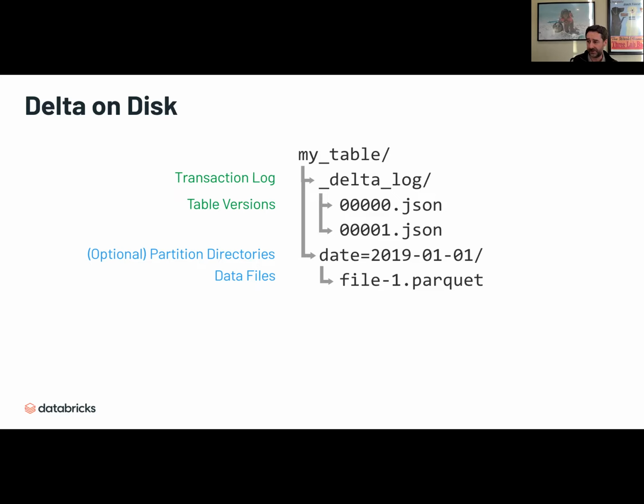But as we'll get into a little bit more, you will also see that there's a logging format, and those logs describe which files comprise a valid version of the table. It also describes the schema involved in that table, and metrics associated with the files, so that you can find and read only the data that you need. And we'll get into some of those pieces as we go.